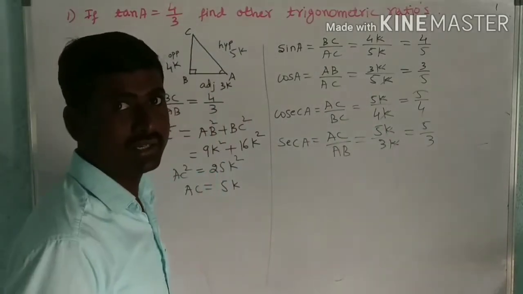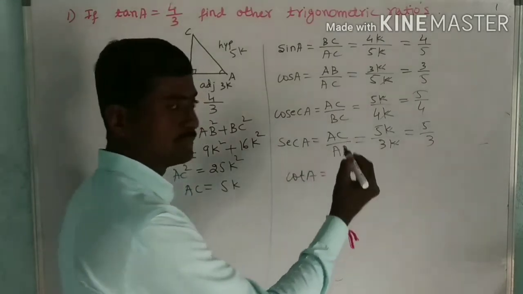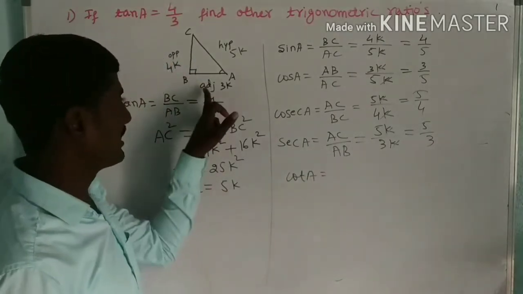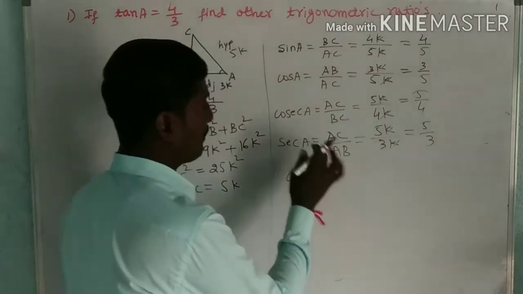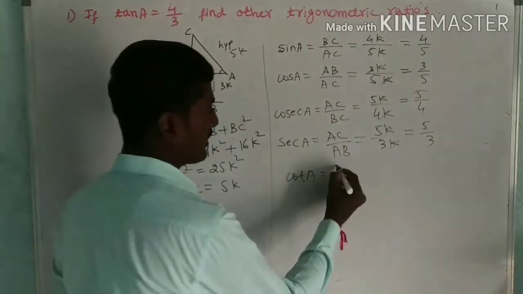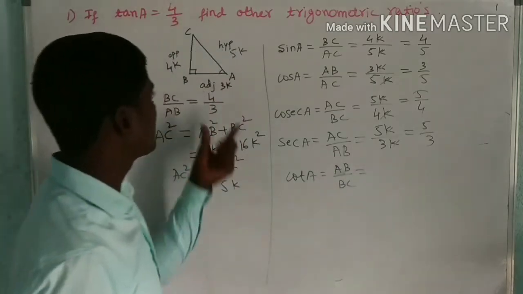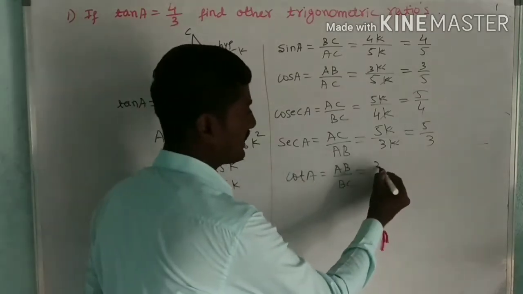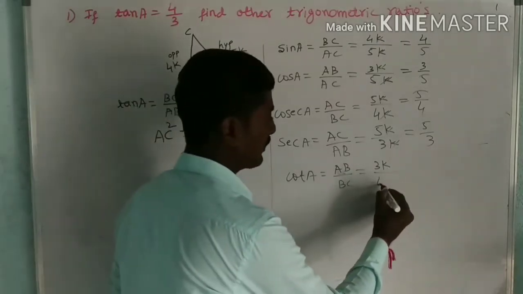So the last one remaining, what is that? Cot A. Cot A is equal to adjacent divided by opposite. Adjacent is AB divided by BC. AB value is 3k divided by BC, 4k.